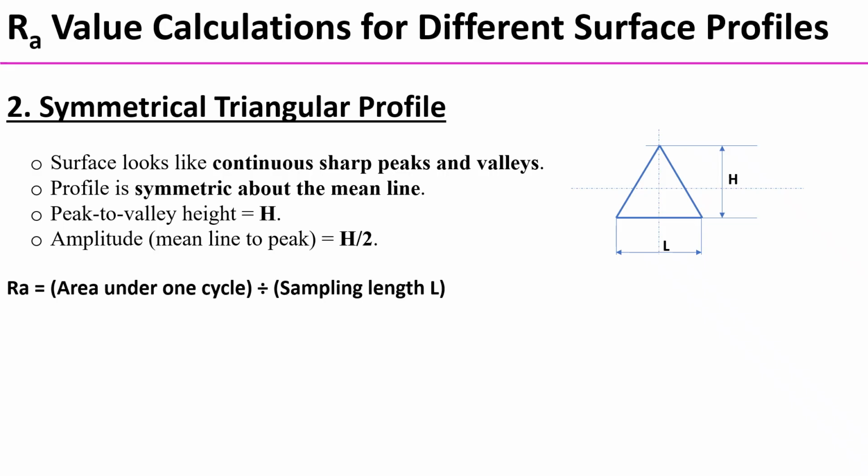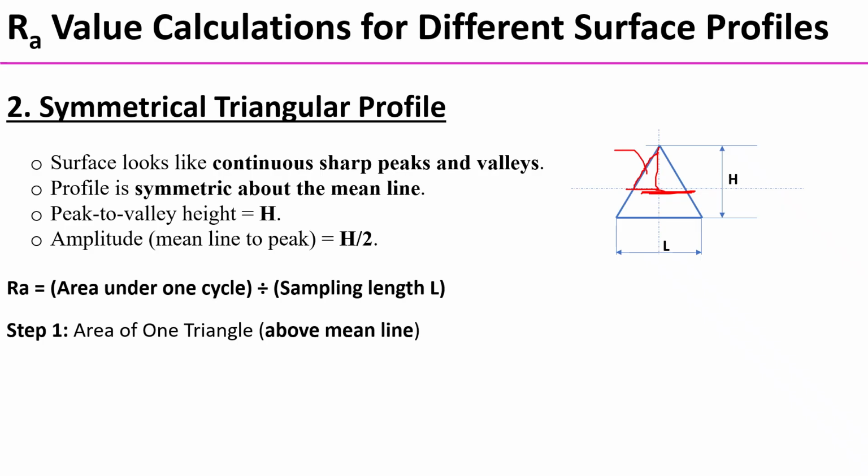We know that Ra equal to the area under one cycle divided by the sampling length. So first I have to calculate the area of the triangles above the mean line. Above the mean line there are two triangles.